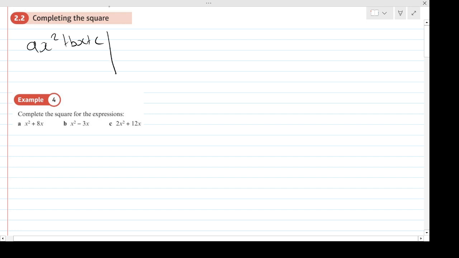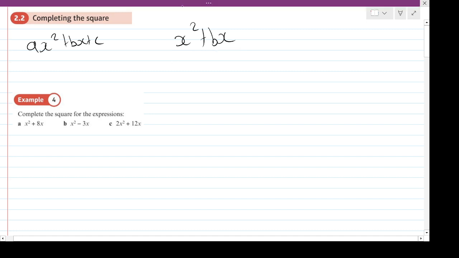Let's look at a very simple form here, x squared plus bx, right? Very simple type of quadratic. If we complete the square, then that's saying it's in this form here. So we have x plus b over 2 squared.